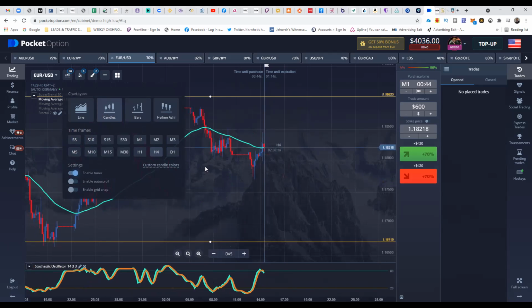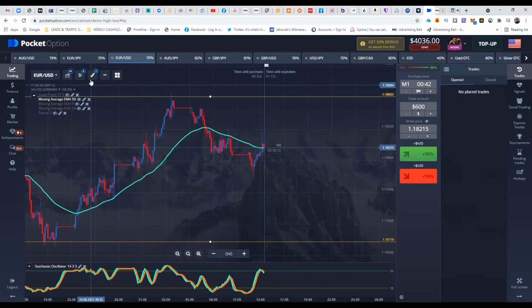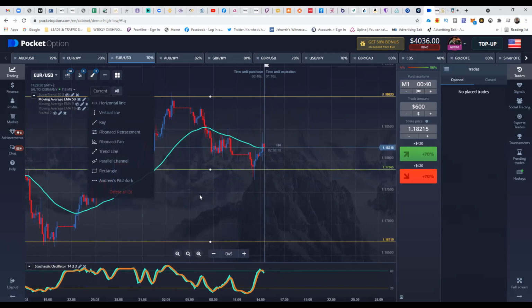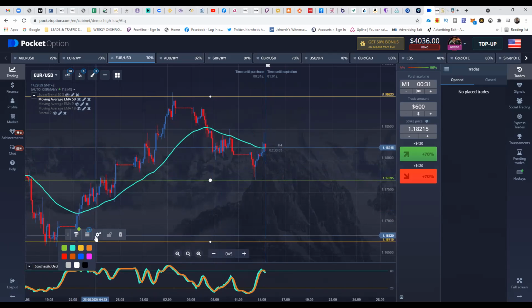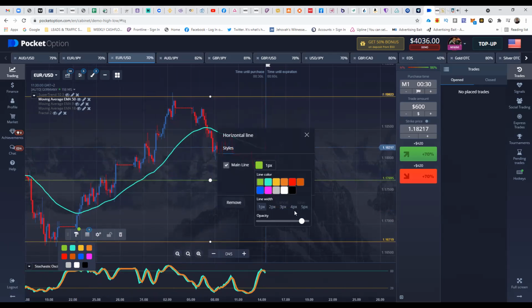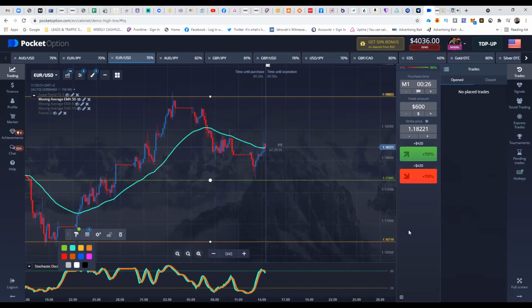All right. So now what we're going to do is take the horizontal lines again and draw a market structure. And I feel this is a good amount of market structure here.